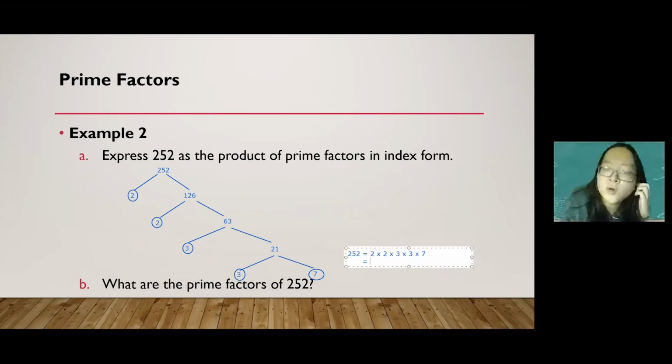We can see here that there are 2 2s and there are 2 3s. That means that these numbers can be expressed using exponents. So who can try to say what that would look like in exponent form?